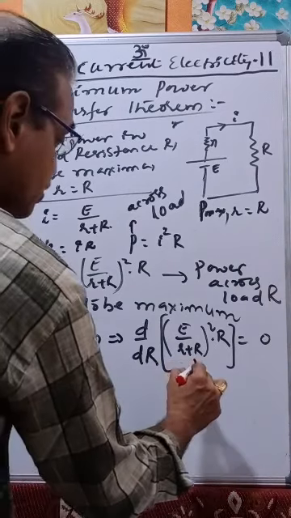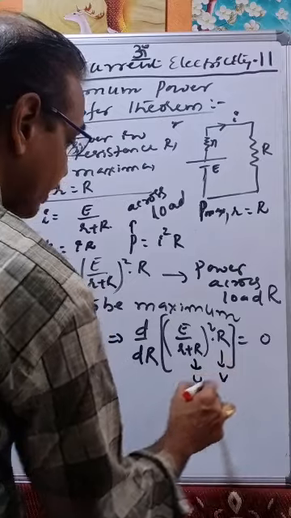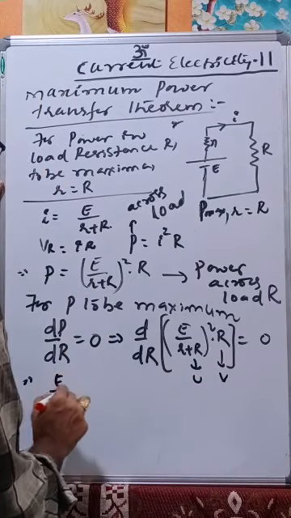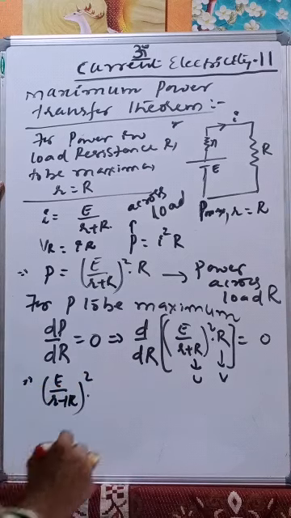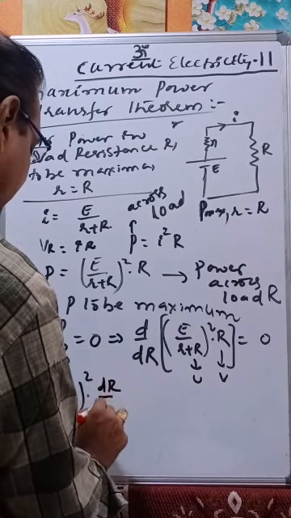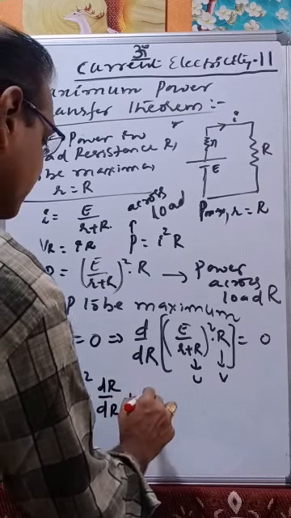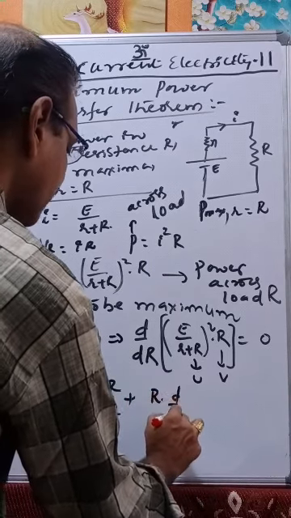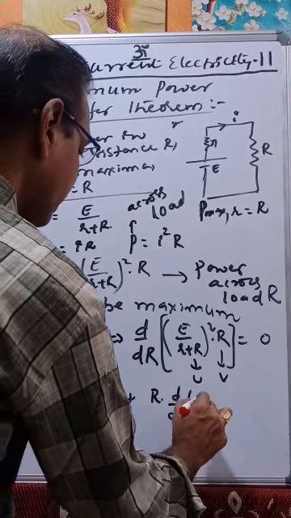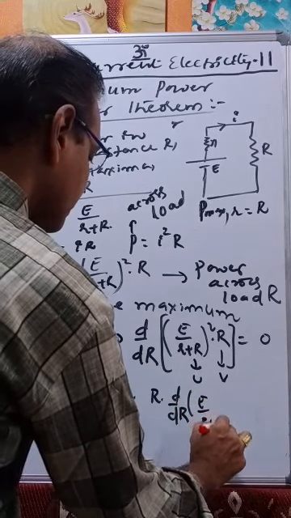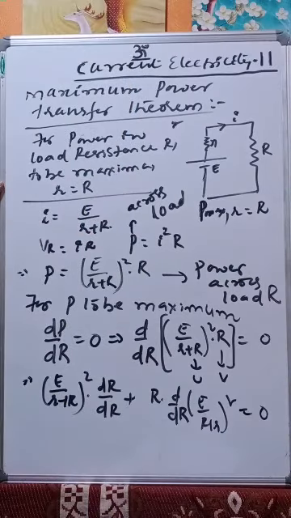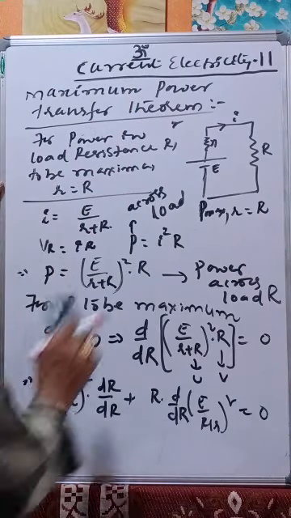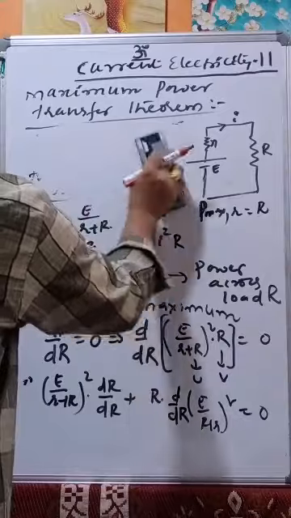This implies, take it as U, take it as V. U is (E by R plus r) whole square. U into dR by dR plus R into d by dR of (E by R plus r) whole square should be equal to 0. Is it or not?